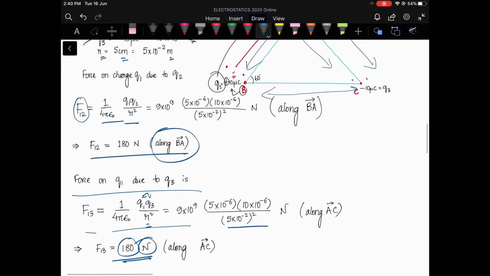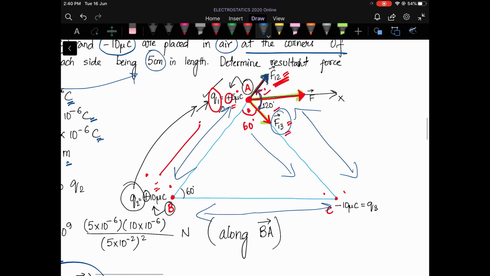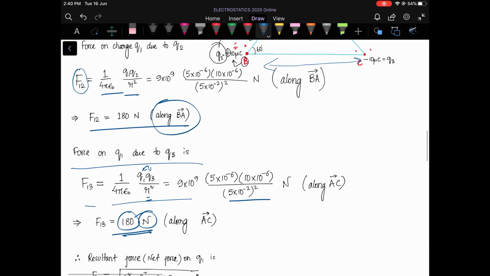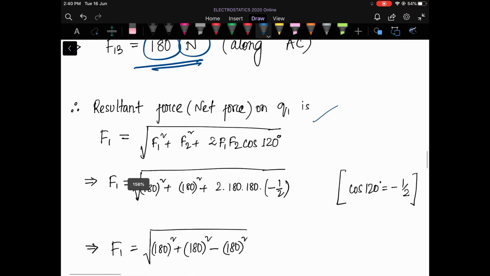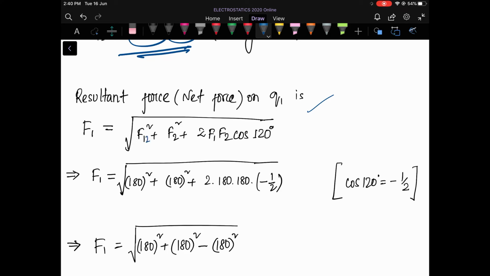Now if you remember, we are trying to add F12 and F13 to get the resultant force. And we know a rule which we call the parallelogram law, which can be used because we know the angle between these two forces. Here I must have written F12, force on the first due to the second, and force on the first due to the third. So please make the change in your notes as well.